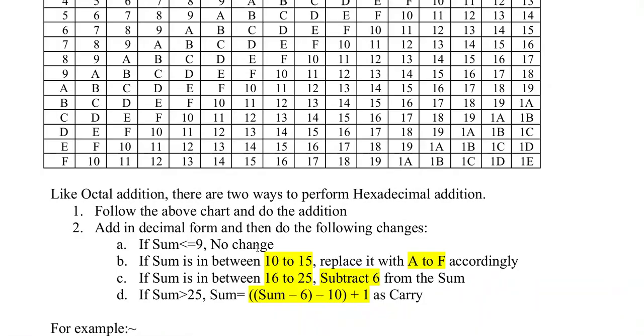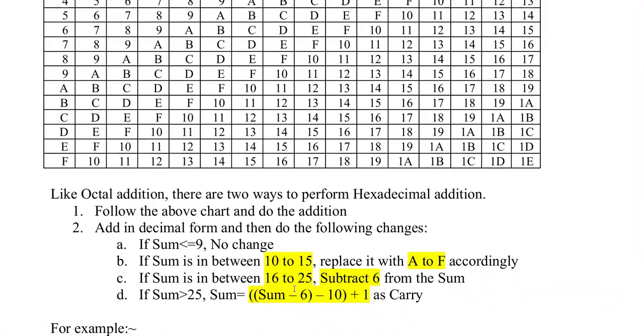So if the sum comes to 9, no change. If the sum comes between 10 to 15, replace the decimal value with A to F. If the sum is 10, it will directly be replaced by A, 11 will be B, 12 by C, and so on.